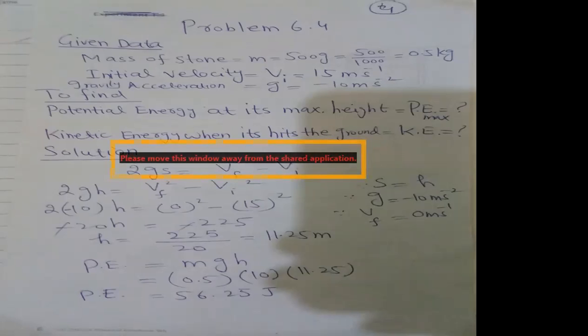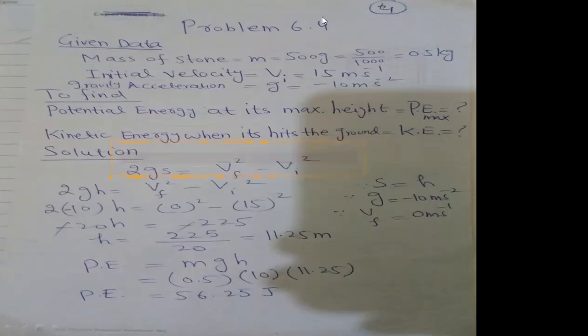So g will be negative, minus 10 meter per second square, and my final velocity will be 0 meter per second. Whenever the body is thrown vertically upwards with an initial velocity of 15 meter per second, at the maximum height its final velocity becomes zero. Then the body will start coming down.